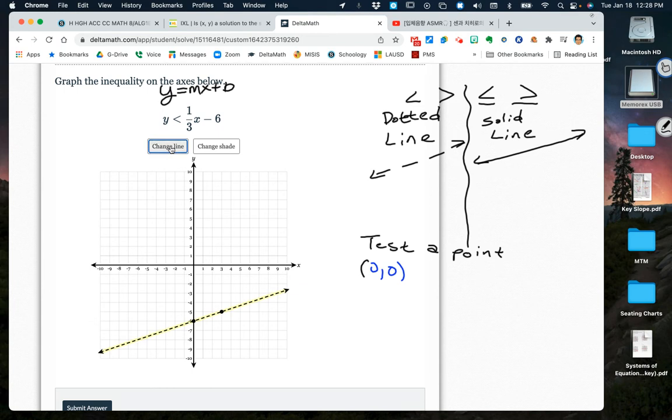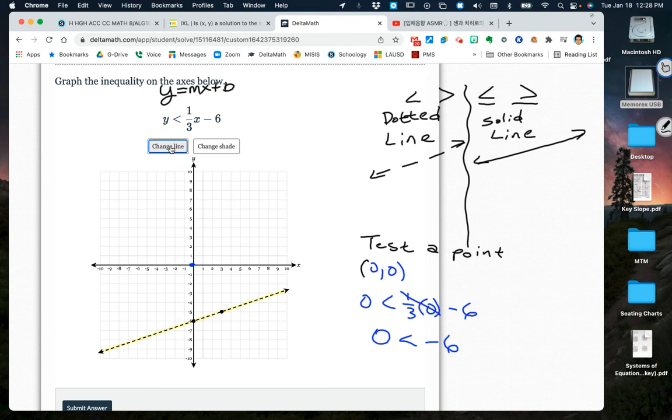Let's pick 0, 0. Recognize where 0, 0 is. Let's test that point, okay? So we got 0 less than 1/3 times 0 minus 6. 0 is less than -6. Is 0 less than -6?